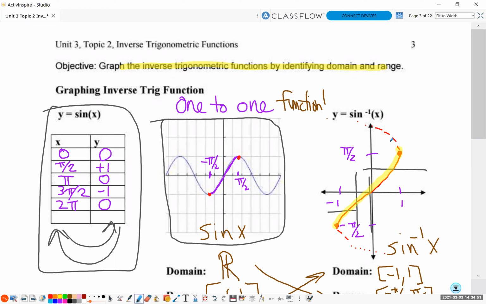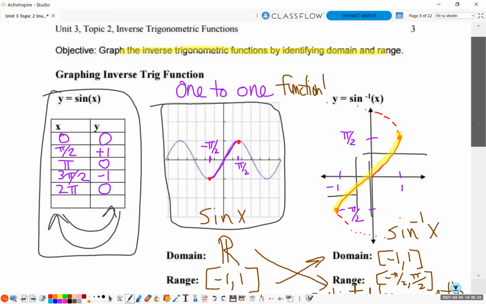If you look at that yellow part, the red part is the whole sine curve, but that does not pass the vertical line test. Here I hit the curve here and here. You can only hit the curve once in the vertical line test. So I restricted my domain to only go between negative pi over 2 and pi over 2.